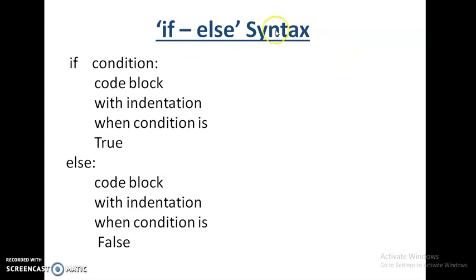First, we will learn about if-else syntax and then let us see one programming example of if-else. The syntax is, first we write the if keyword. We know that a keyword is a predefined element which we write in source code as a part of a program.